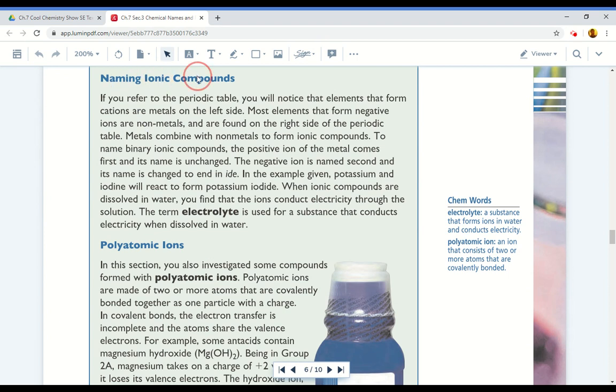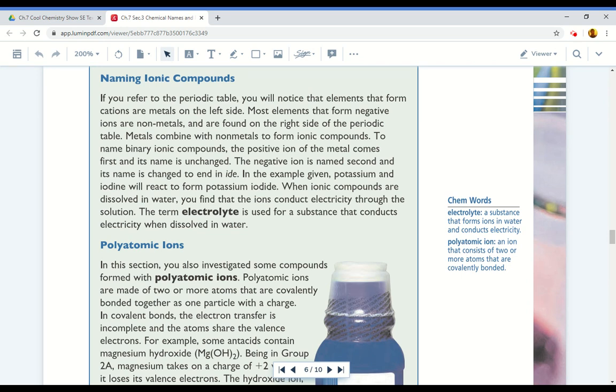Naming ionic compounds. If you refer to the periodic table, you will notice that elements that form cations are metals on the left side. Most elements that form negative ions are nonmetals and are found on the right side of the periodic table. Metals combine with nonmetals to form ionic compounds.